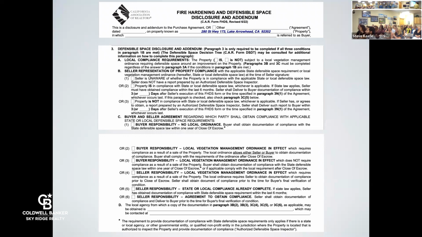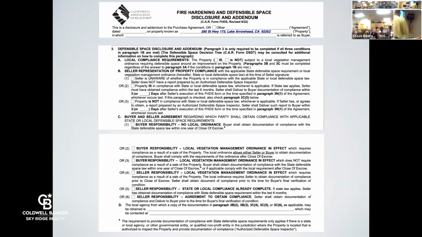Box 3, buyer's responsibility, local vegetation management ordinance in effect, which does not require compliance as a result of the sale of the property. Buyer shall obtain documentation of compliance with the state defensible space law within 1 year of the close of escrow, or comply with the local requirement after close of escrow. Would you check that box? Yes. Box 3 in most instances is going to be checked because you want to shift that responsibility to the buyer.